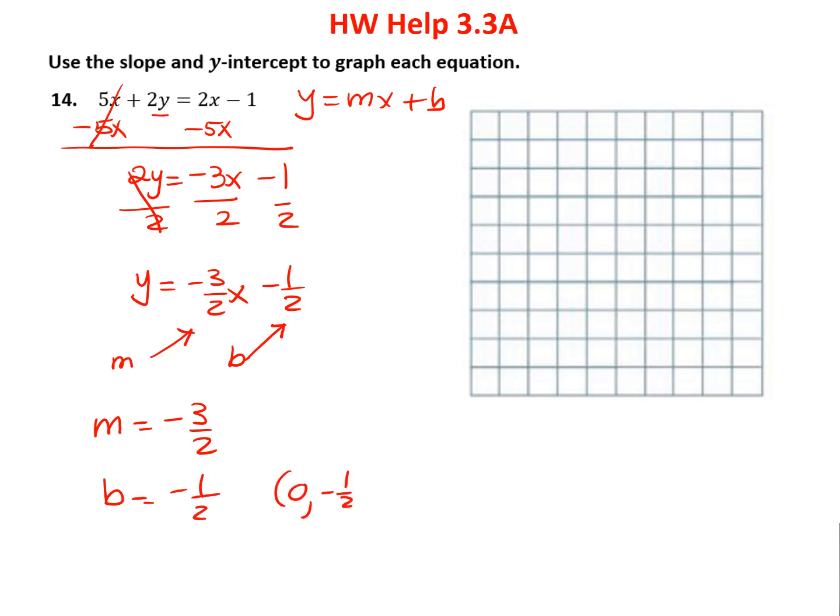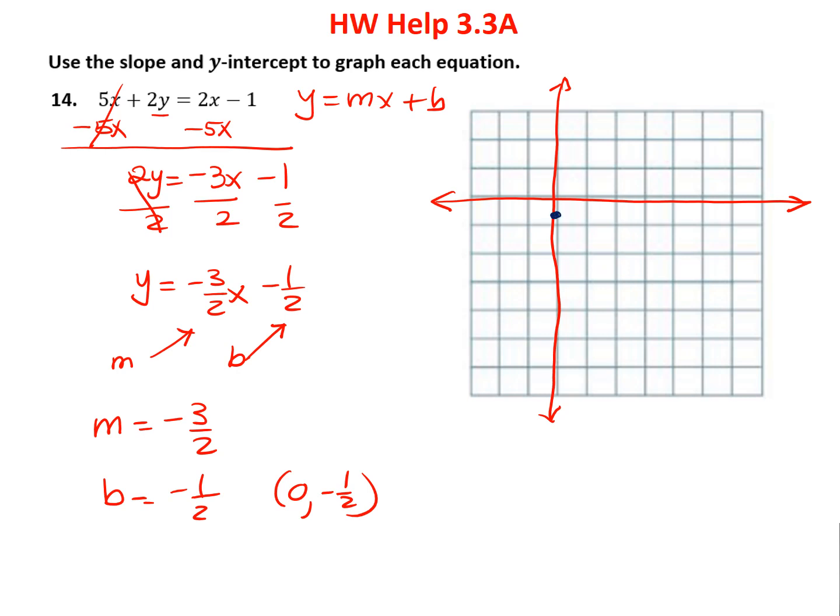Okay, so let me set up this again. I'm going to set it up kind of a little bit higher, perhaps, just to make sure we have lots of room on the graph. So my y-intercept is 0, minus 1 half. So I go to 0 and minus 1 half.